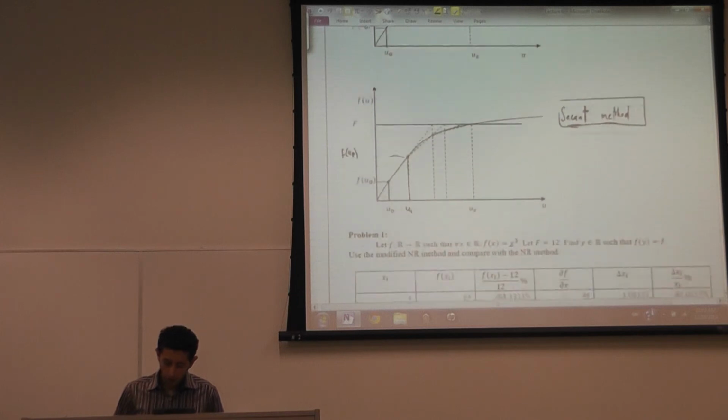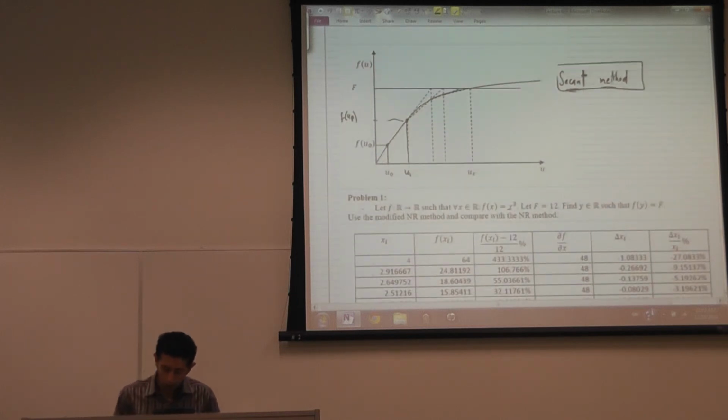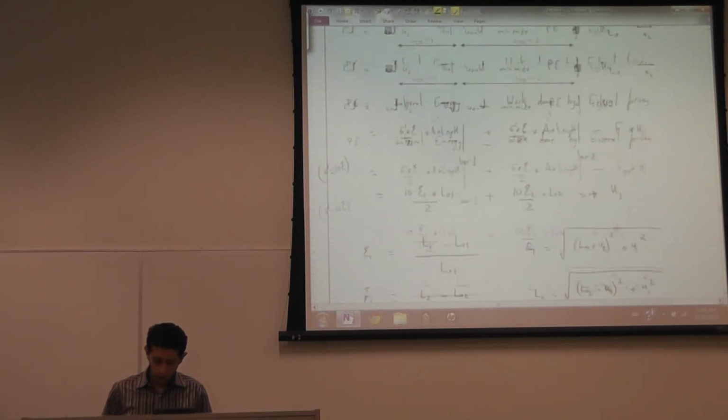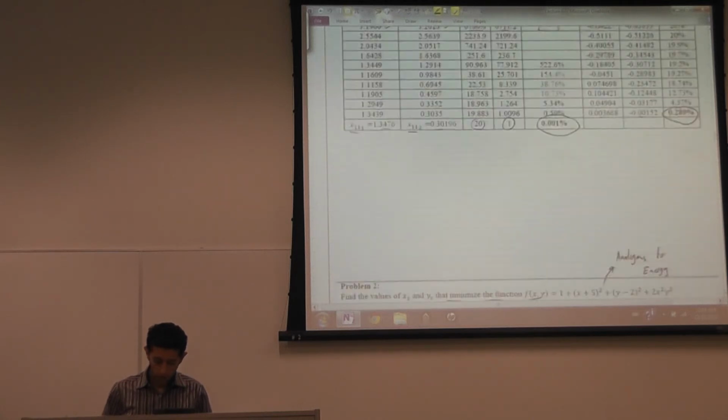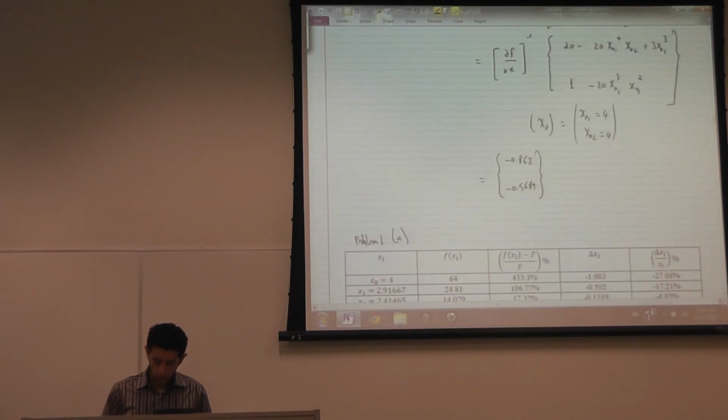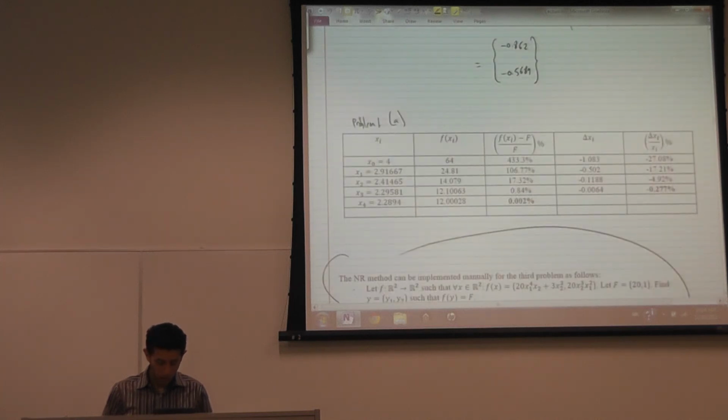And so the first problem that I introduced, where I would like to find the cubic root of 12. I hope the table is above, maybe it is. Yes. So to find the cubic root of 12 using the Newton-Raphson method, using 4 iterations, I obtained this accuracy, 0.002%.